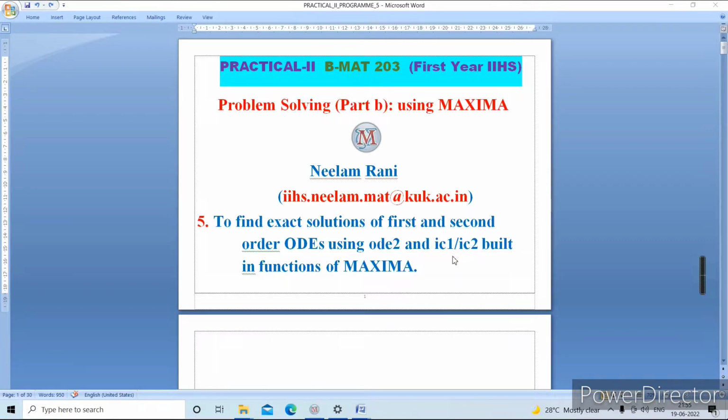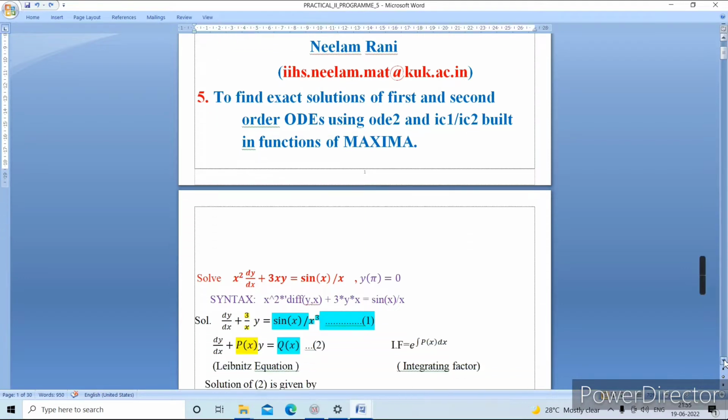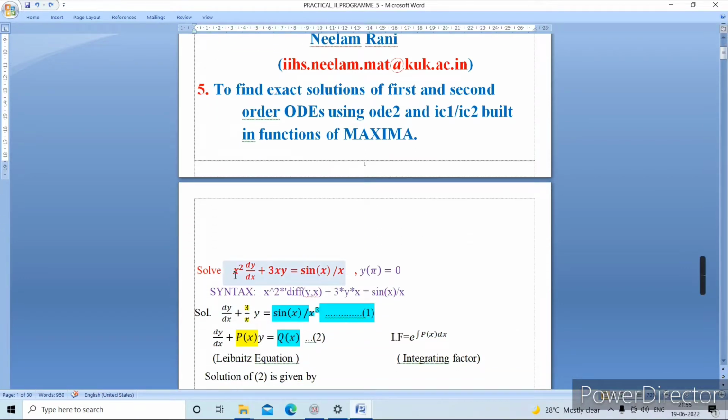I will first solve the differential equation manually and then I will show how the answer looks in the Maxima software. I have taken this differential equation: x cube dy by dx plus 3xy equal to sin x by x, and the initial condition given is the value of y is 0 when x is equal to pi.